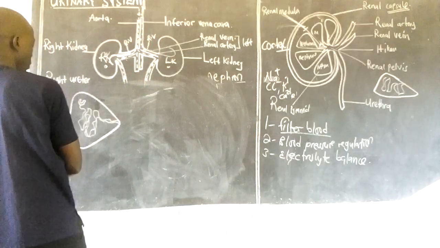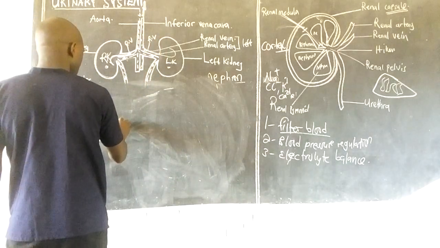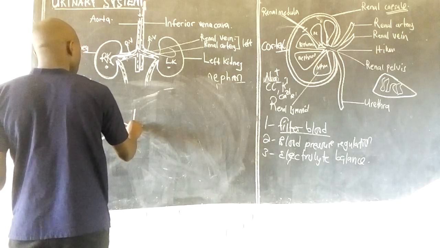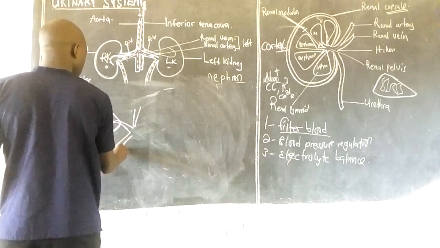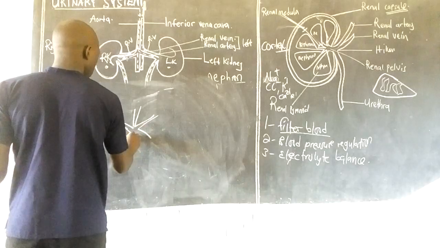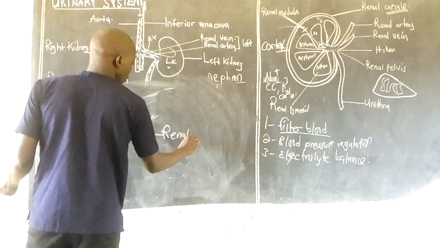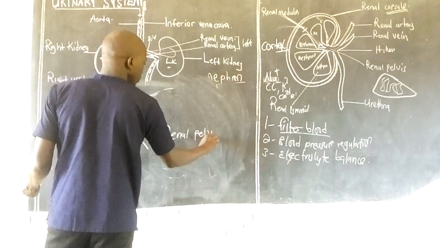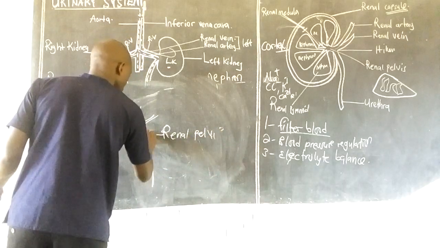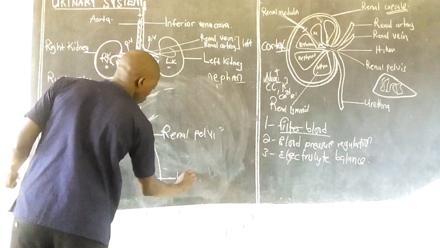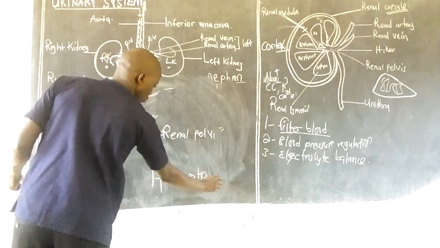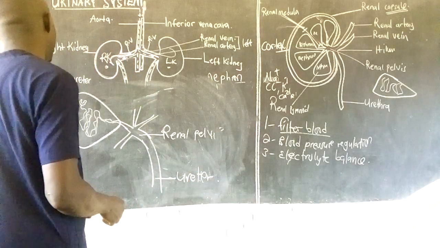If this is the renal pyramid, then urine will come from the minor calyx, then to other minor calyces from other pyramids, then to the renal pelvis, then it continues out through the ureter.